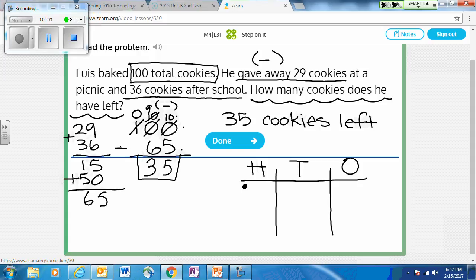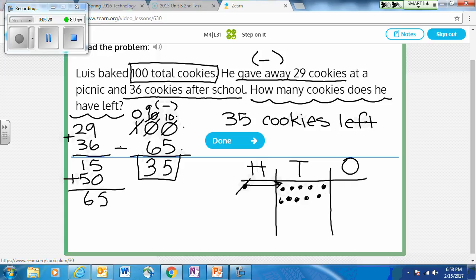Here we go. I cannot take 5 away from 0. I have to borrow from the hundreds and move it across to the 10 section. So I have 10 sets of 10. Now, can I subtract? Not yet.